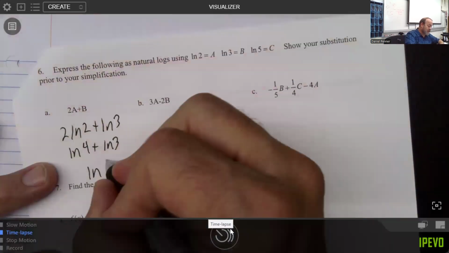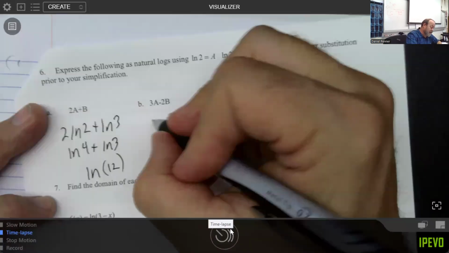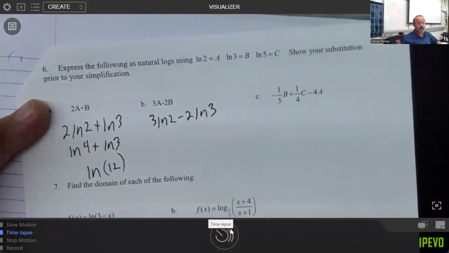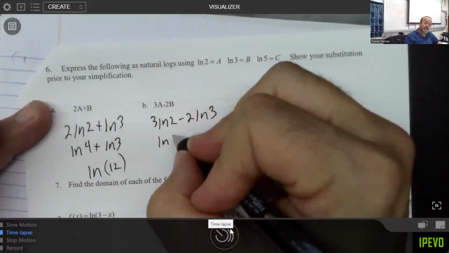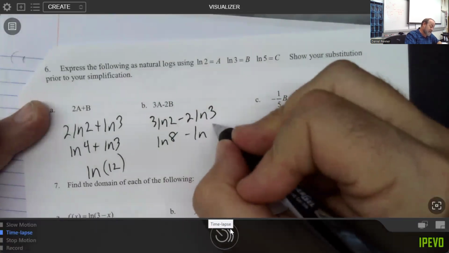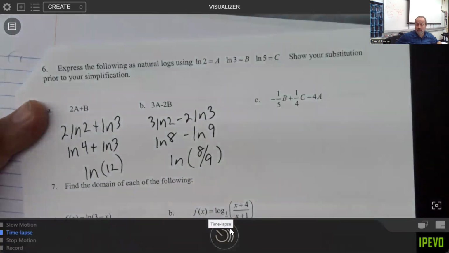So this would be the 4 times 3, or 12. This would be 3 ln's of 2 minus 2 ln's of 3. I'm literally just turning A and B into the values they were. This would be the natural log of 2 to the third, which is 8, minus the natural log of 3 to the second, which is 9. And of course, when we subtract, that means we were dividing.